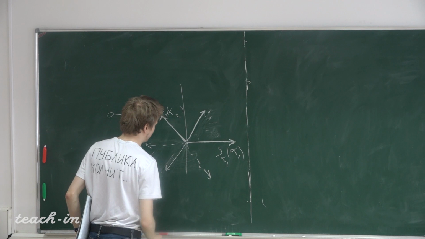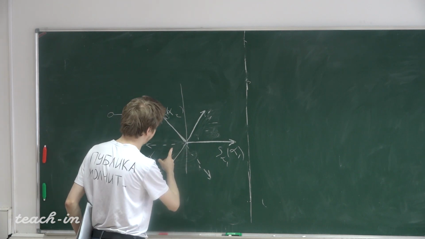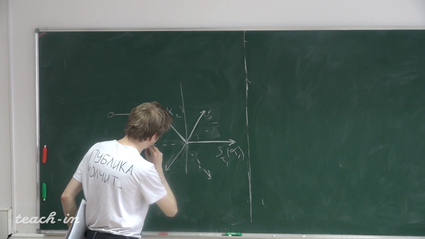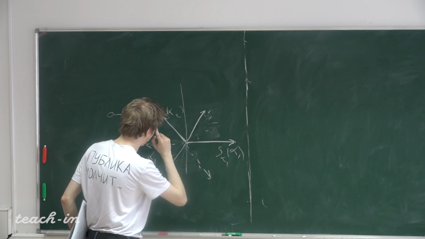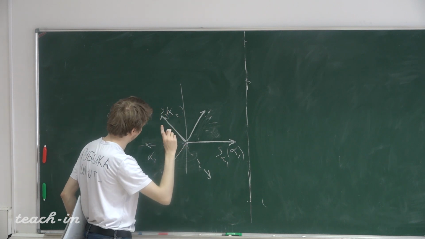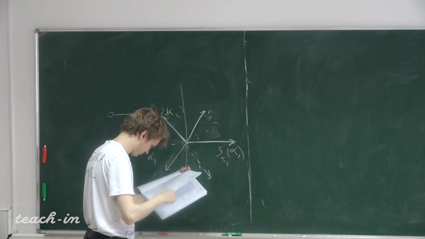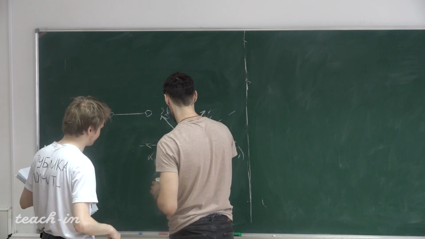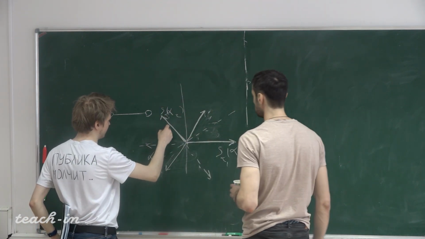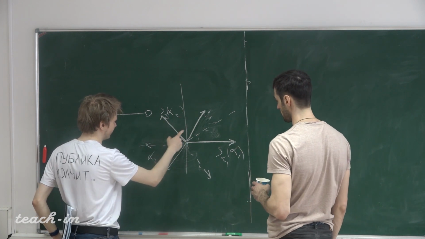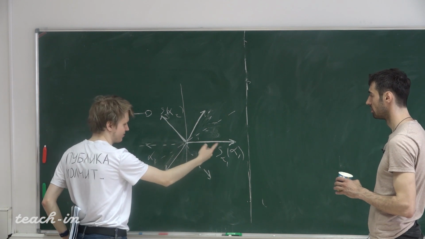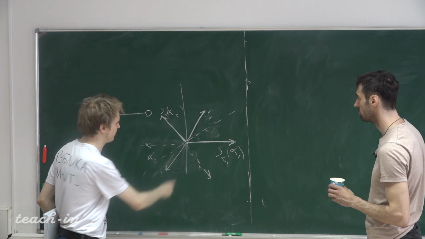So how to obtain alpha1 from alpha3? You need, of course, to reflect it with respect to this line. Yes, and we act on this one with S alpha2, and we obtain alpha1.